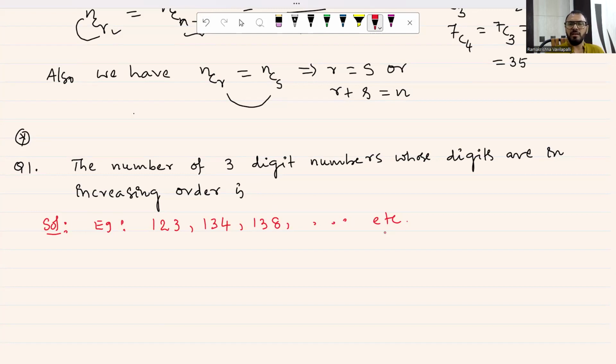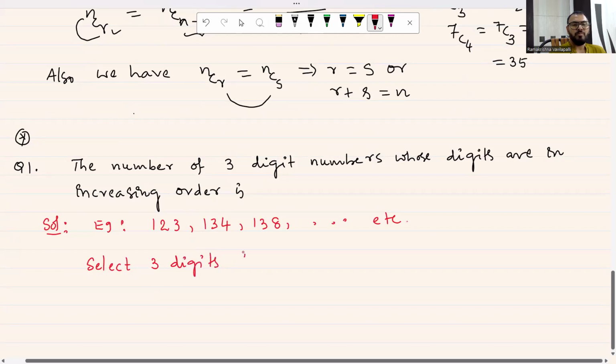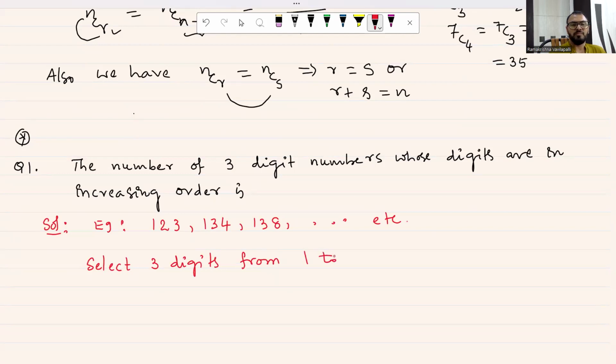Anyway, in these numbers, 0 will not appear because we have to arrange the digits in increasing order. So anyway, 0 will not come. Now, what to do? You see, select 3 digits from 1 to 9.